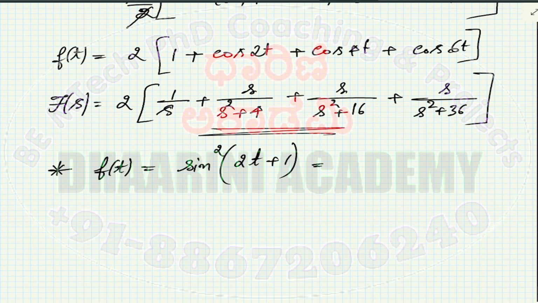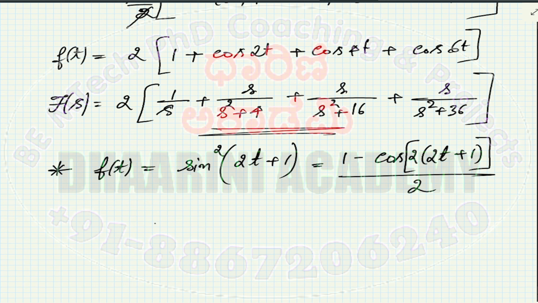a trigonometric identity, that is sine square theta is 1 minus cos 2 theta by 2. Okay, so that is 1 minus cos of 2 times this theta. Theta is 2t plus 1, whole divided by 2. So I'll write the identity here. If you have a sine square theta, you can replace it as 1 minus cos 2 theta, whole divided by 2.